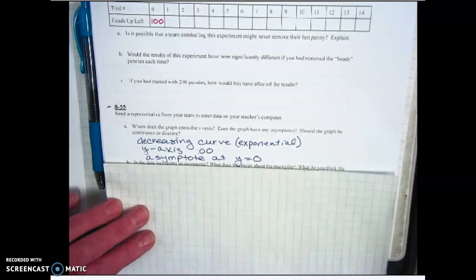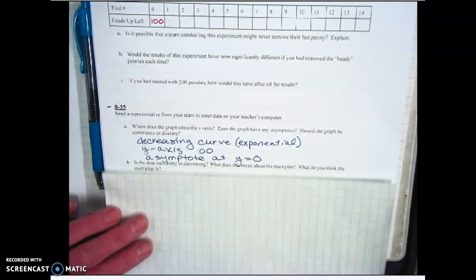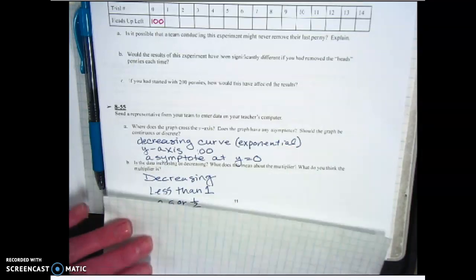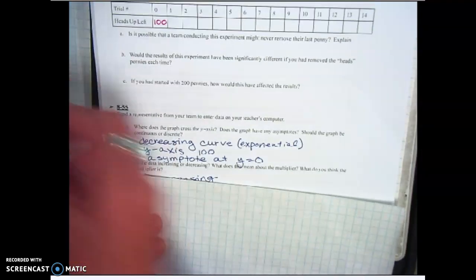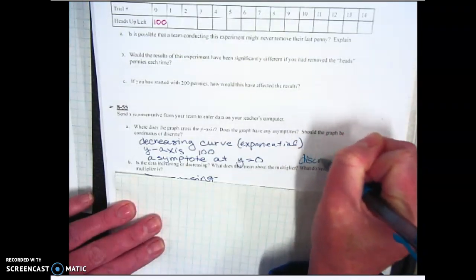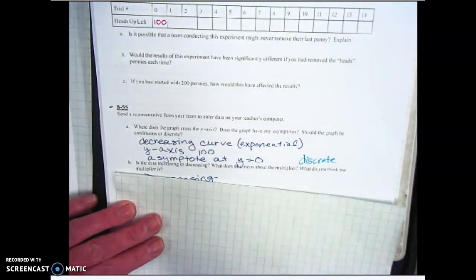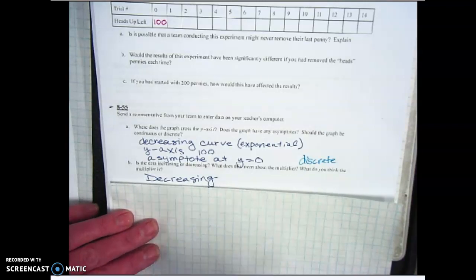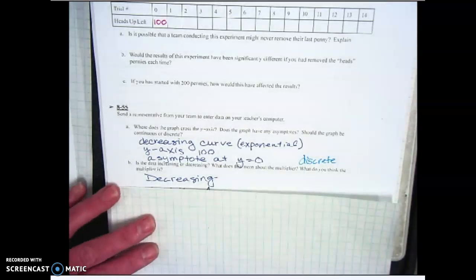And it's going to be discrete. So the discrete was that it was just points, because you can't have half a penny or a quarter of a penny. So that's why it was just those dots when we looked at it. It wasn't a continuous line.